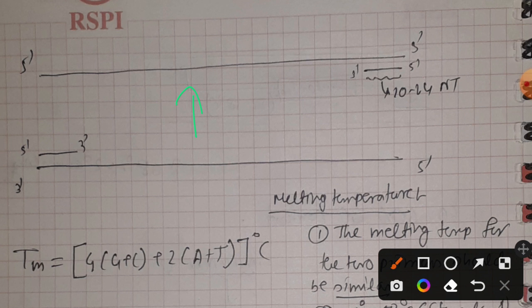We are constructing a 20 to 24 nucleotide primer with nucleotides specifically complementary to the 3' end of the template. But if you take only 4 or 6 nucleotides, then it is possible that ATGC will match with another part of the template, and that will promote mismatch priming.